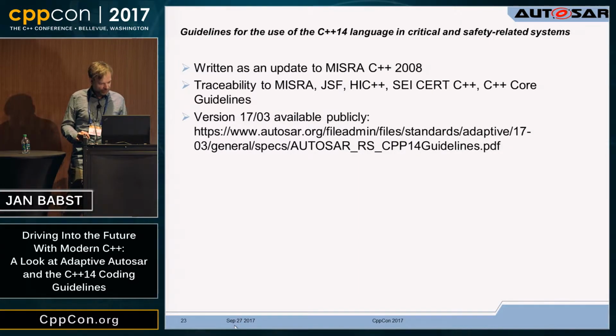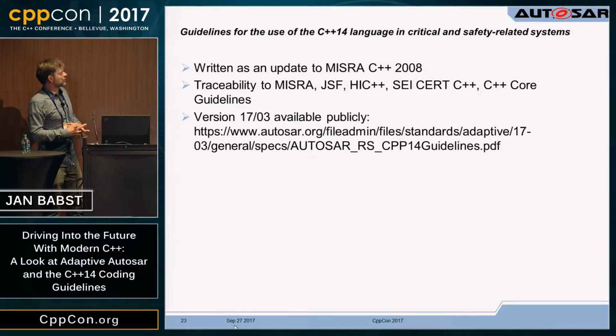I will cover how we see this in the long run. Also, Autosar is not actually an organization whose main focus is to maintain such guidelines, but we do it right now just to give it a start.